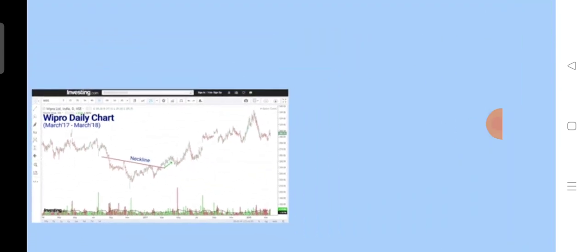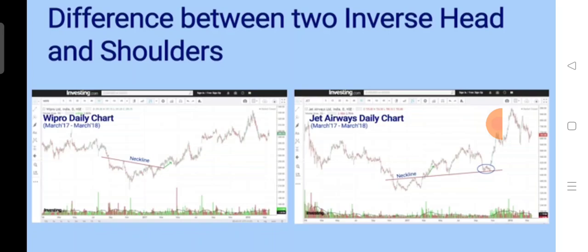The difference between the two inverse head and shoulders is that in the case of Jet Airways, the slope of the neckline was positive, so the probability of success was higher than in the case of Wipro, which had a negatively slanting neckline. But in both cases, we saw very good breakouts, and the price movement was quite substantial in the upward direction.